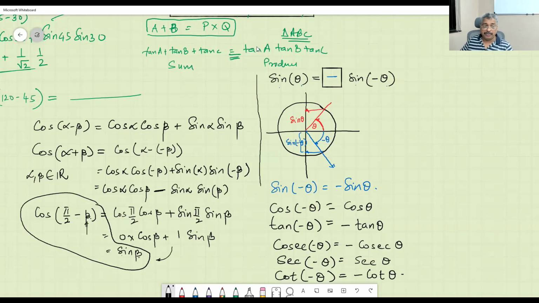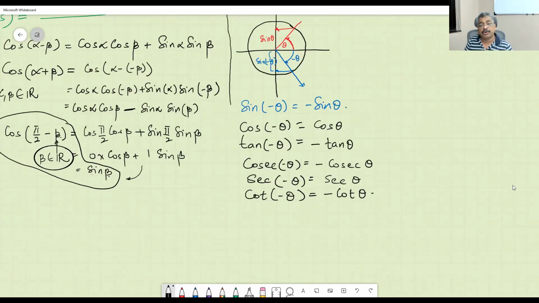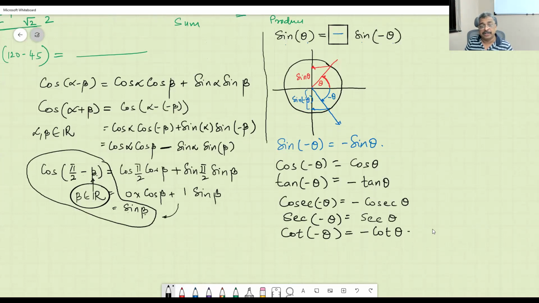Here beta is not between 0 to 90. Here beta is a real number. That is the difference between this formula and the formula we learned before 10th standard.